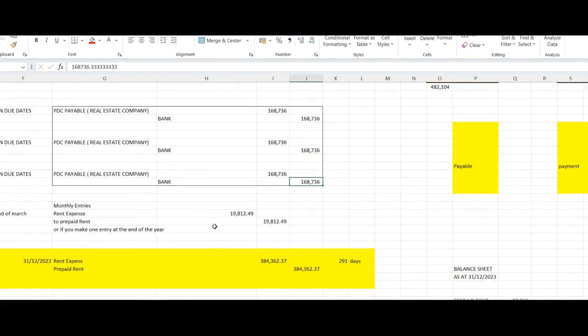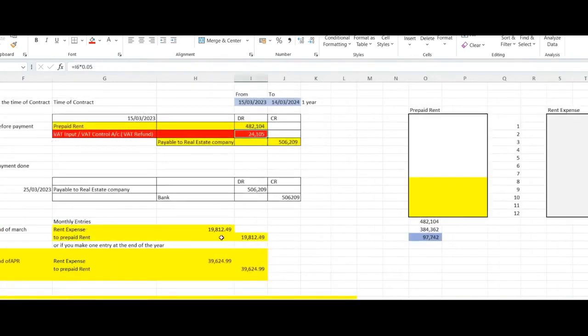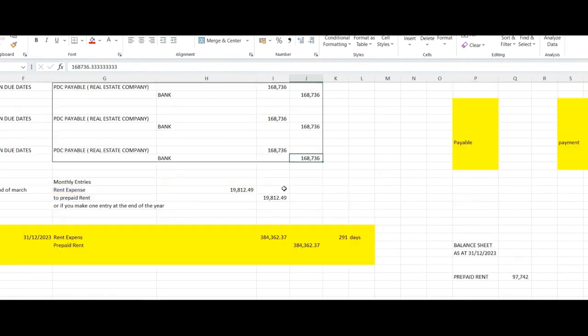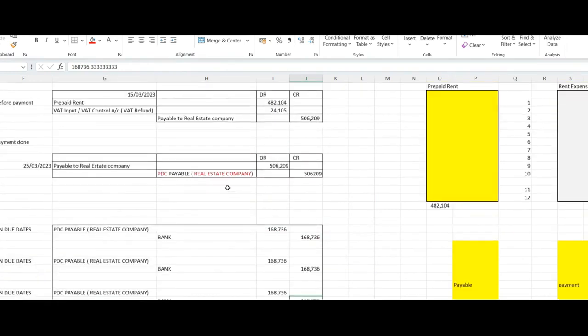Now the other entries would remain the same. If you see over here, 15 days rent, same as in the previous, then you will consume the 1 month rent, and other entries would remain the same as we discussed. Only the intermediary account, the PDC payable account, will be introduced.